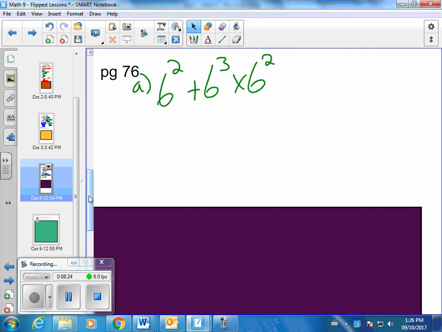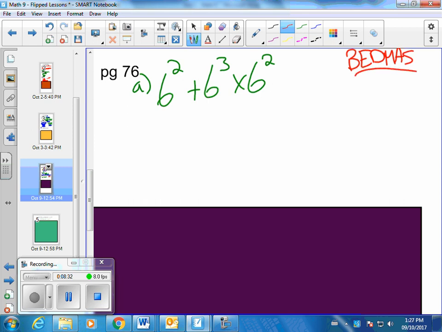Now, always, always, always, we have to keep in mind our order of operations, BEDMAS. Looking at that, we have to go step by step. No brackets in here. We do have some exponents to deal with, multiplication, and some addition as well.